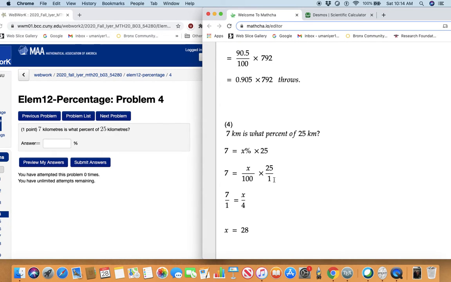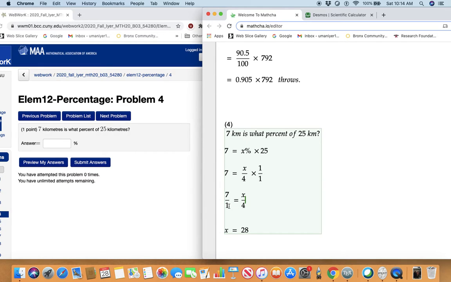7 equals X over 100 times 25, since percent means division by 100. 25 is 25 over 1. I write it in this fashion because that reduces. Notice 25 divides 100 4 times. So that is 1 and that's 4, which gives me X over 4. 7 is 7 over 1.